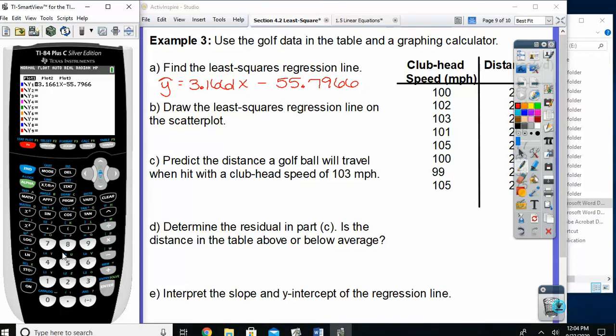Then you do need to make sure that your plot is turned on, that we're graphing a scatter plot. So remember, just like yesterday, you go to second stat plot, so second y equals.